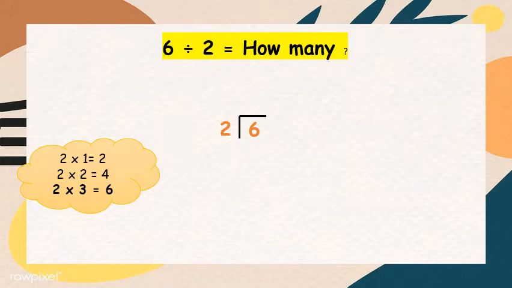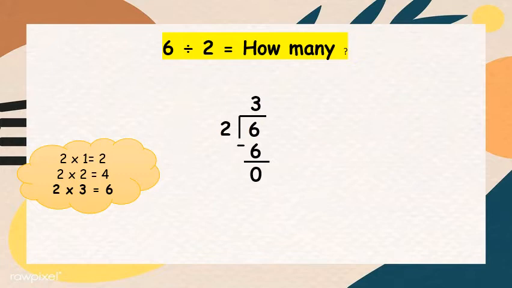So 6 divided by 2 is equal to 3. So 3 is the quotient. Then we multiply 3 times 2, which is 6. Then we subtract: 6 minus 6 is equal to 0.